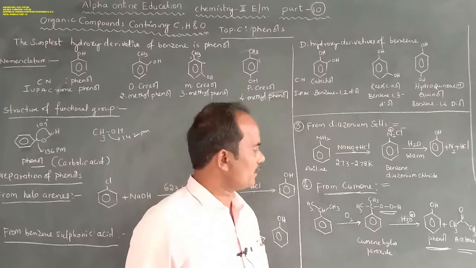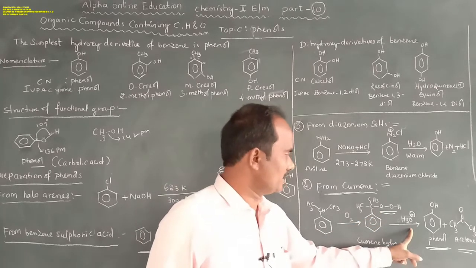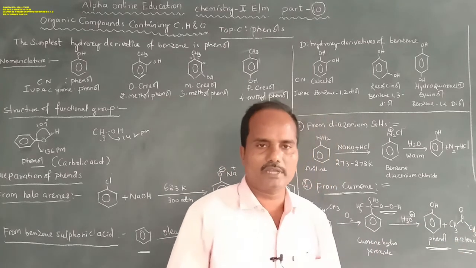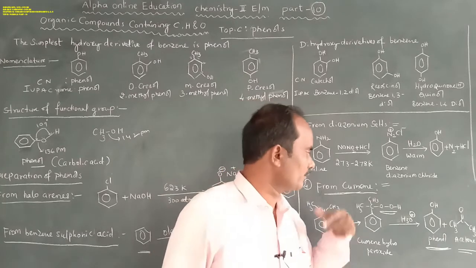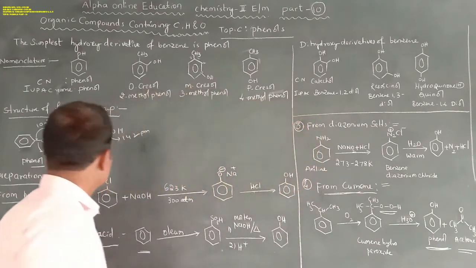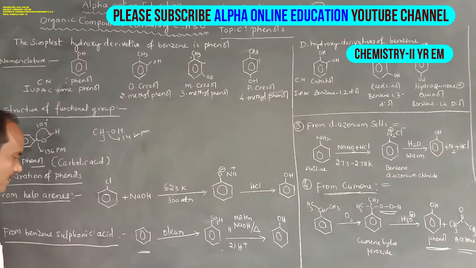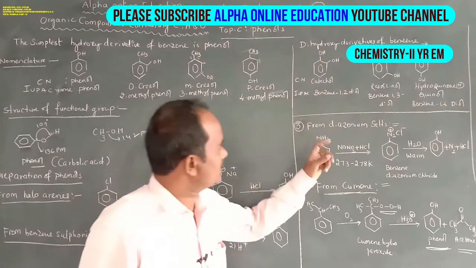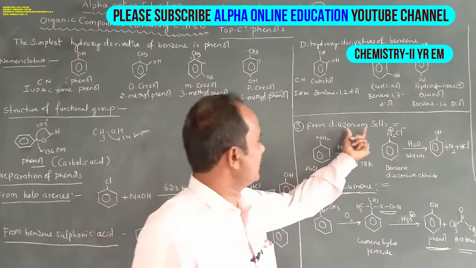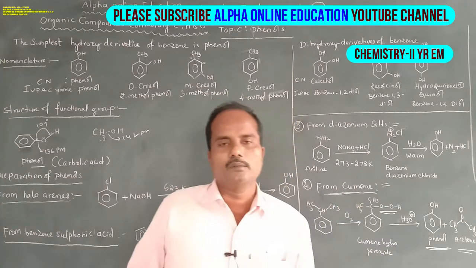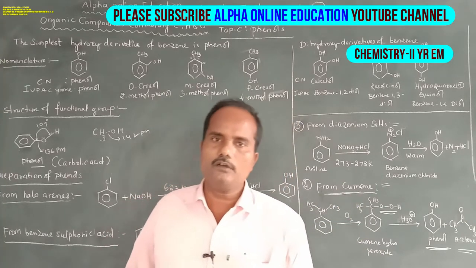This cumene hydroperoxide is subjected to acid hydrolysis, and phenol and acetone are formed. Acetone is also formed in large amounts. So these are the commercial or industrial preparation methods: from haloarenes, from benzene sulfonic acid, from diazonium salts, and from cumene. These are the preparation methods of phenol.